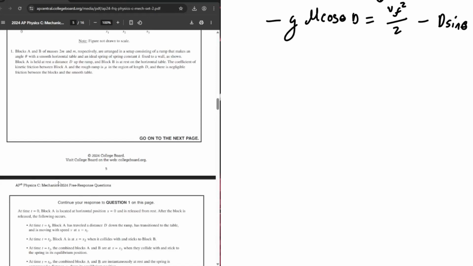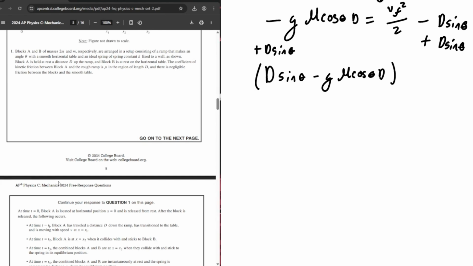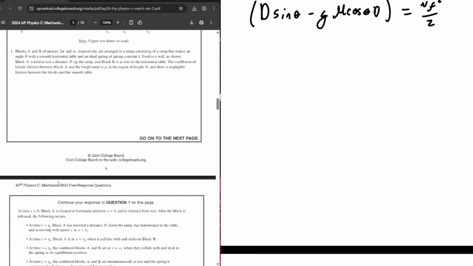All right, next one. So now we're going to add d sine theta to both sides. So d sine theta minus g mu cos theta d is equal to v final squared over 2.